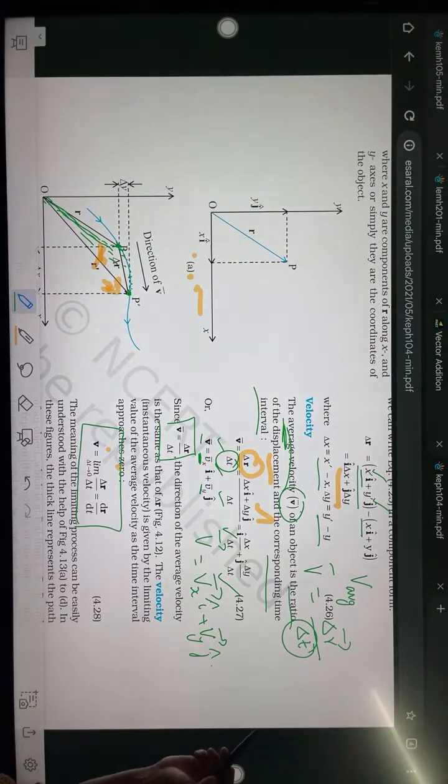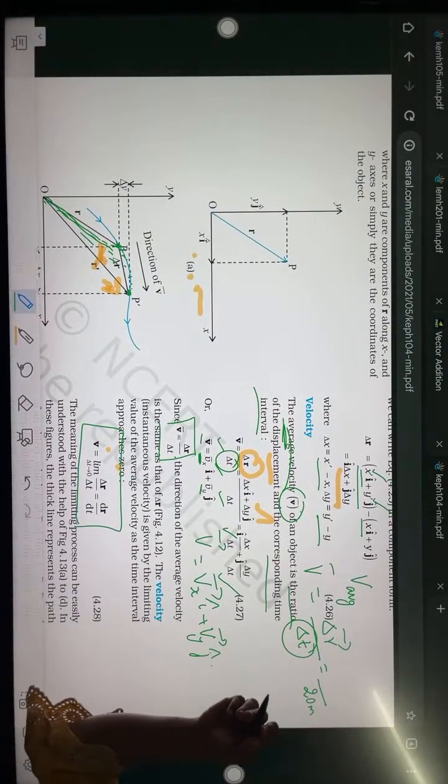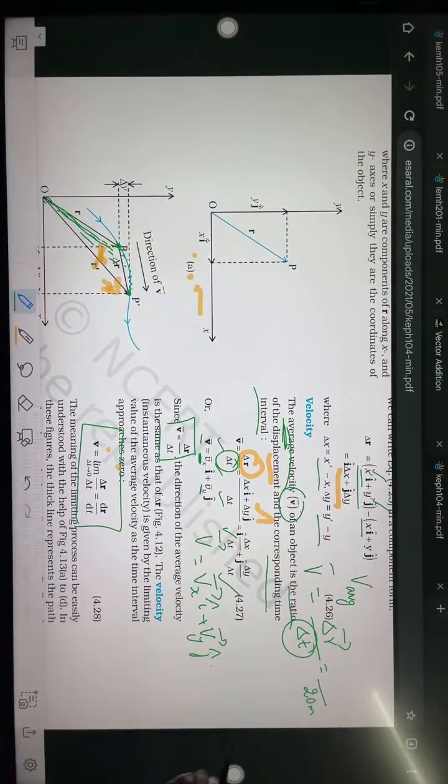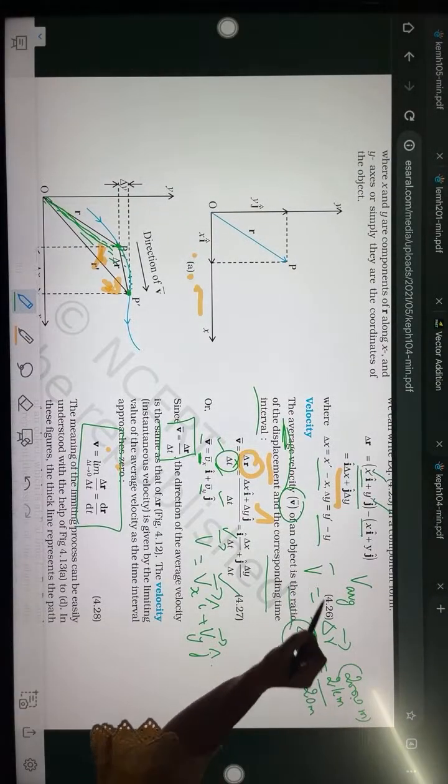As I told you, from our academy to your place is 20 minutes, right? So for an average velocity, you are talking about 20 minutes. The displacement is the distance. Say, for example, 2 kilometers or 2000 meters. So that is the average velocity.